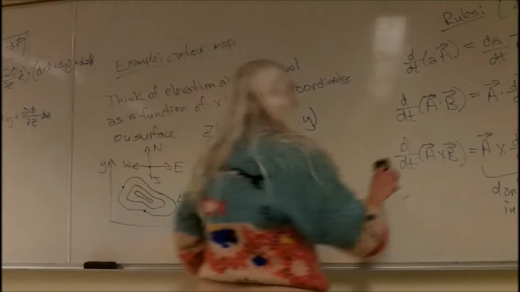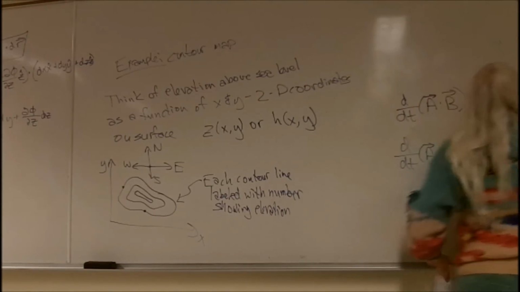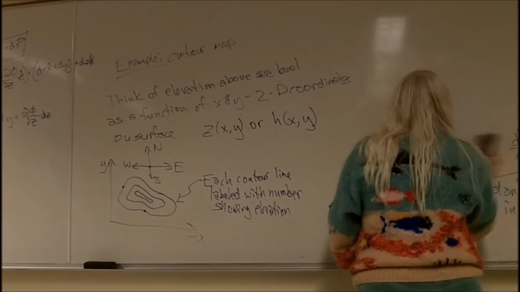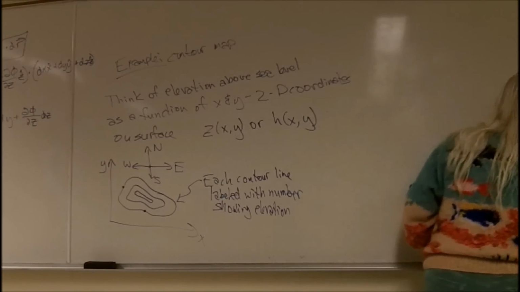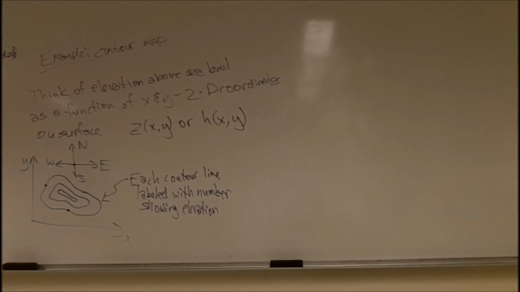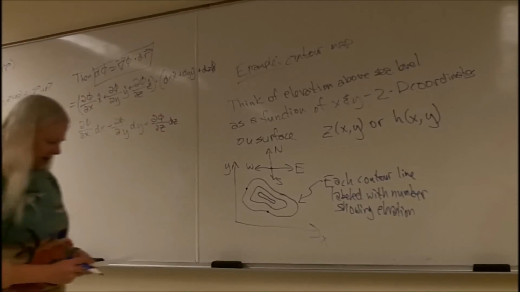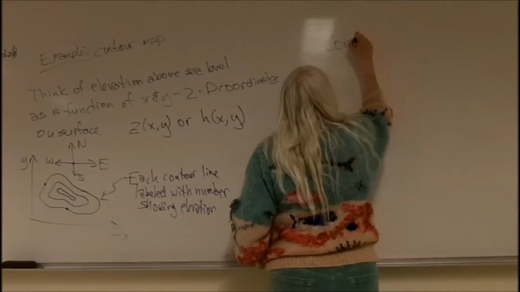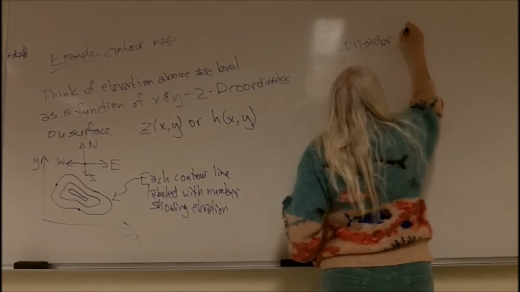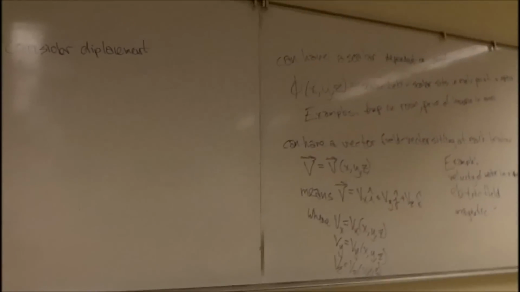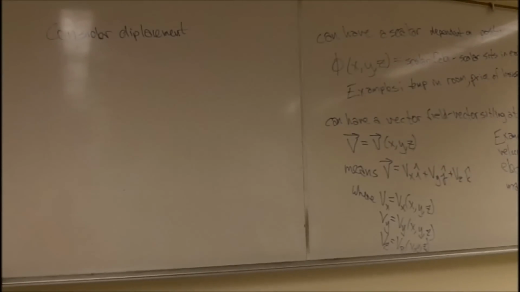So on a contour map like this, let's think about the meaning of what the gradient is. We haven't tied the gradient into this yet. So let's consider a displacement. We're at some particular location, x, y, on that contour map, like a dot right here.